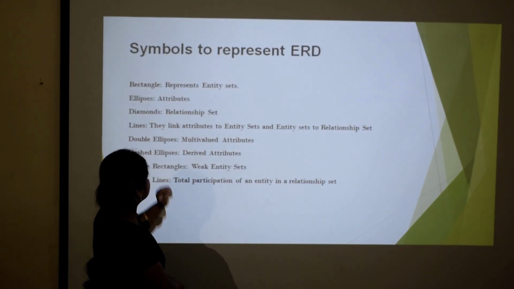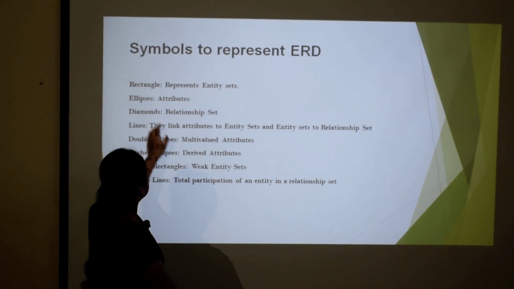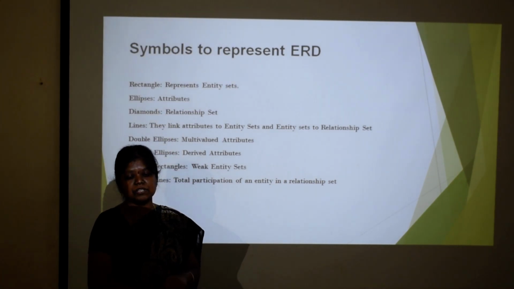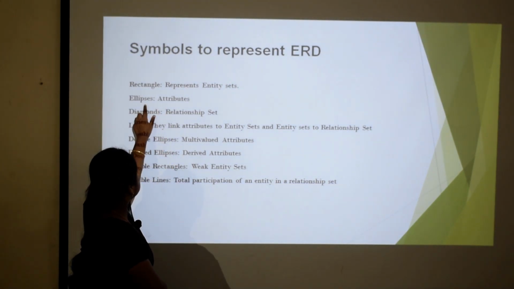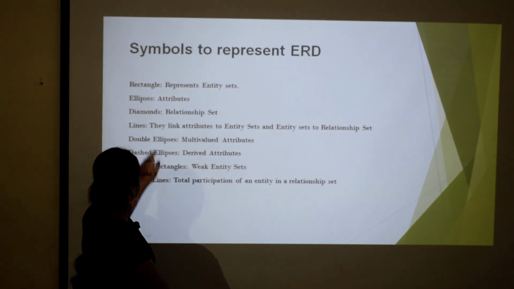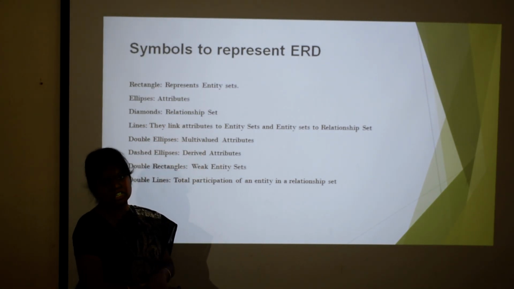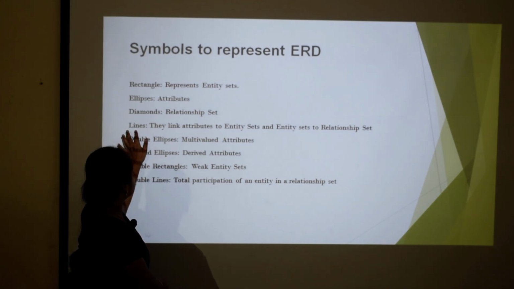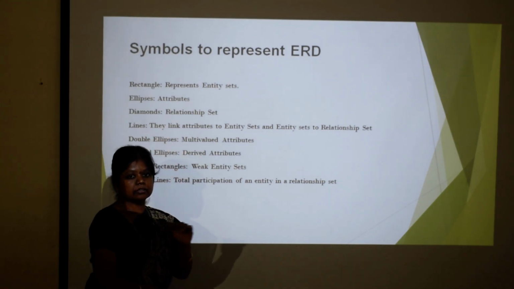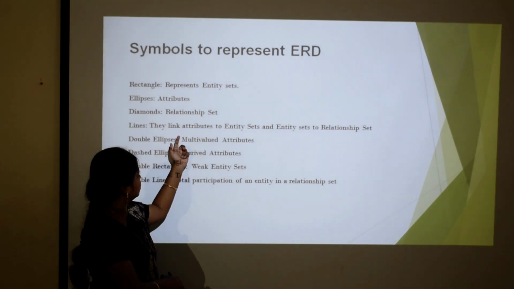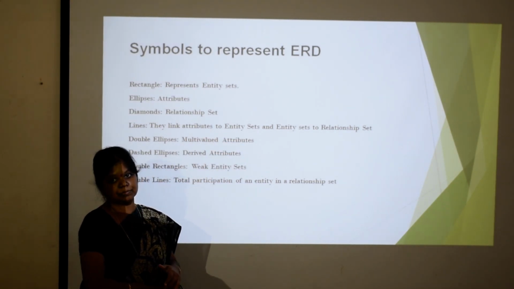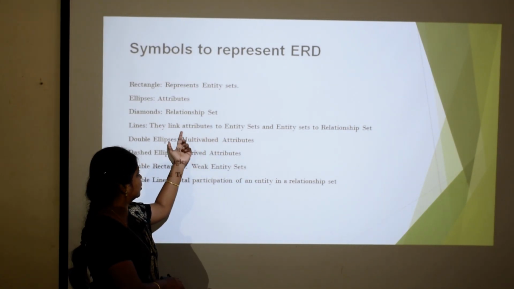And the symbols used to represent the ER diagram: the first one is the rectangle. The rectangle represents the entity, an ellipse is used for attributes, and a diamond shape represents the relationship set. Next, lines are used to link the entity and the relationship set, showing the relationships between the entities.